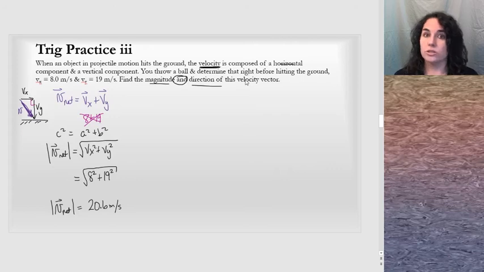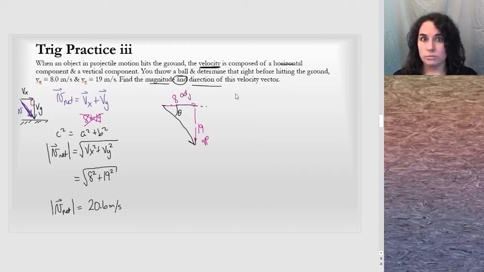Okay, direction. So this is where the right triangle trigonometry comes in, the direction of this velocity vector. Notice that I have it drawn at an angle with respect to the horizontal, right? And when I think about this angle, I know two sides of the triangle. I know there's 8 on one side and there's 19 on the other. 19 is the opposite, 8 is the adjacent.